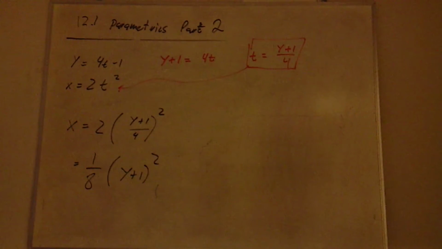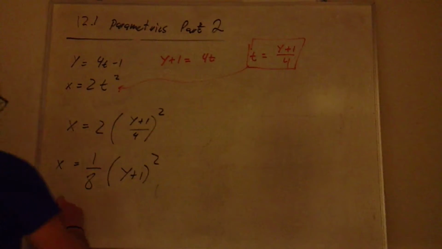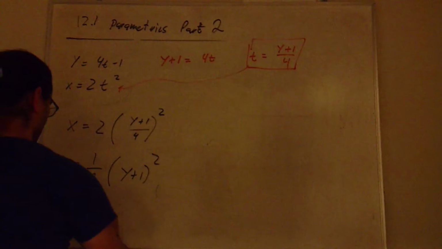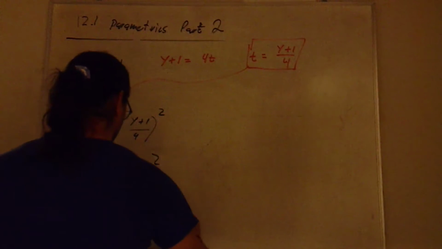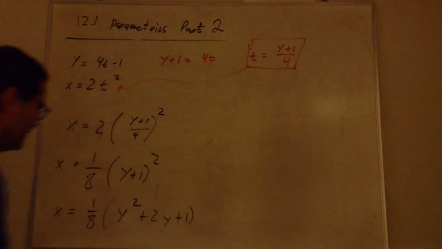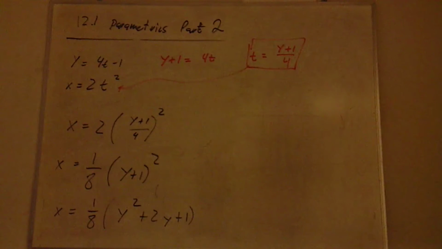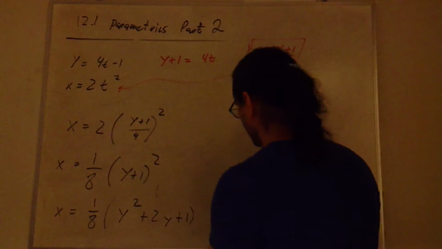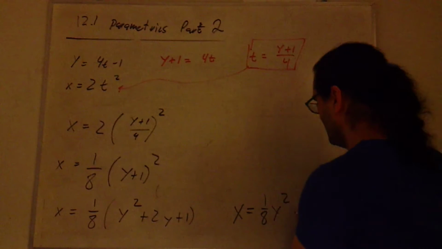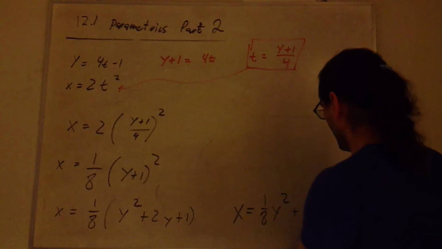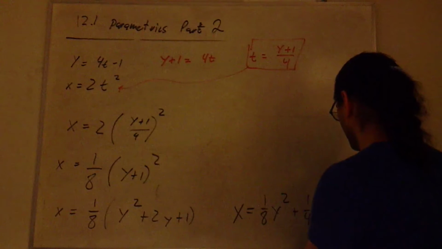And then I can square y plus 1. I'll have 1/8 times the quantity y squared plus 2y plus 1. And then if you're very enthusiastic, you can distribute that 1/8. And you would get x equals 1/8 y squared plus 1/4 y plus 1/8.